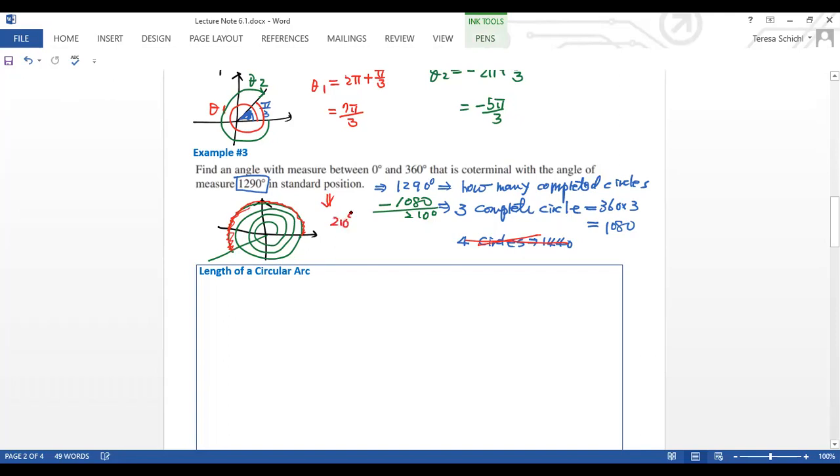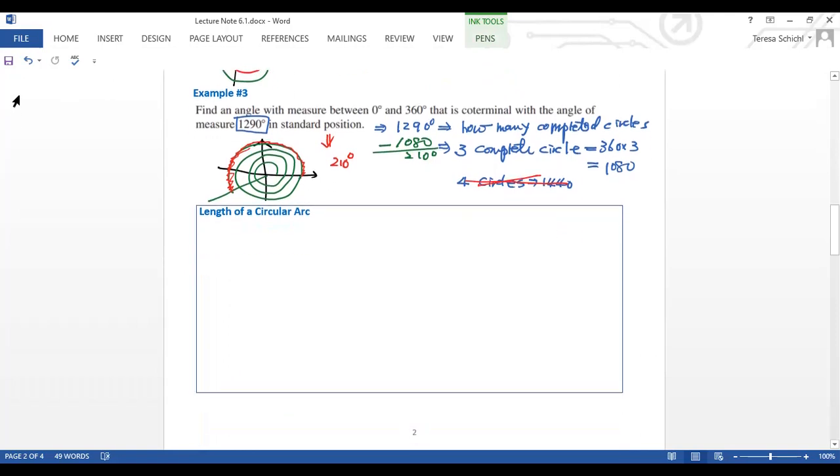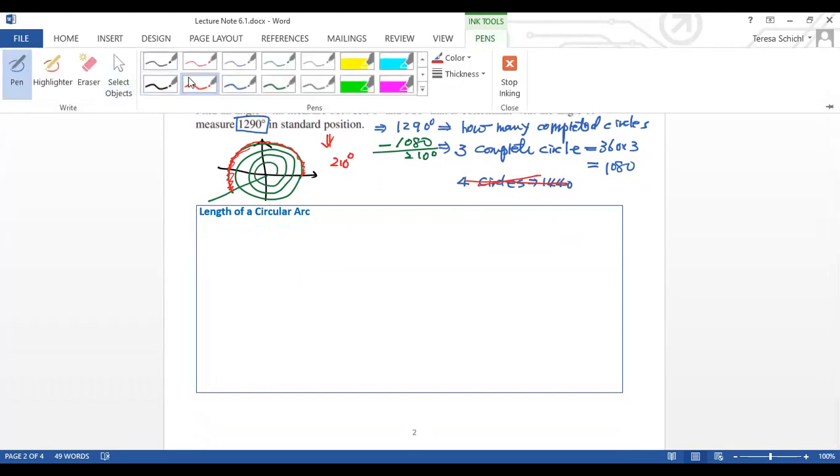It is 210 degrees. Okay, so now the next thing we're going to talk about is the length of a circular arc.